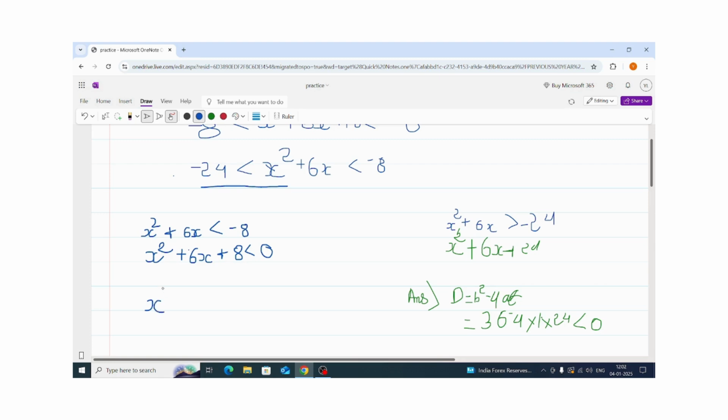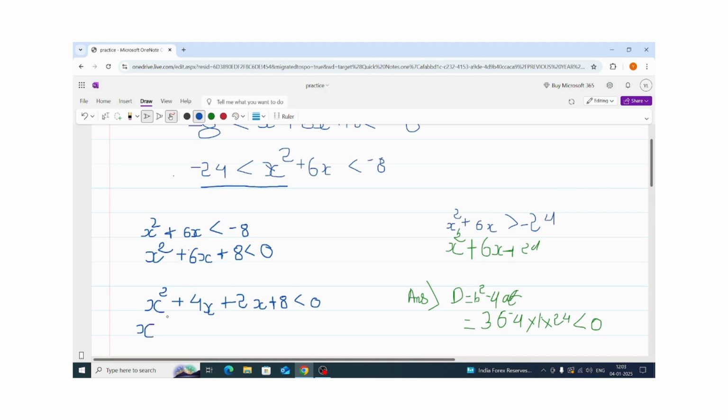Okay, I hope that you all are aware of how to go about middle term splitting, right? So x square plus 4x plus 2x plus 8 less than 0.